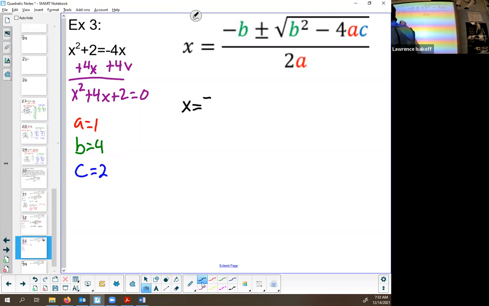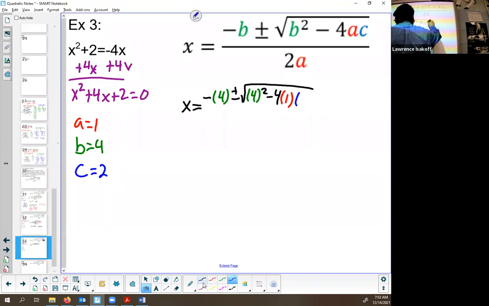So x equals negative, and then it says 4 is my b value, plus or minus 4 squared minus 4 times my a value of 1 times my c value of 2, all over 2 times 1.